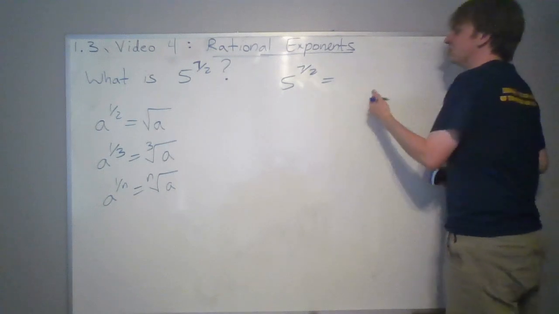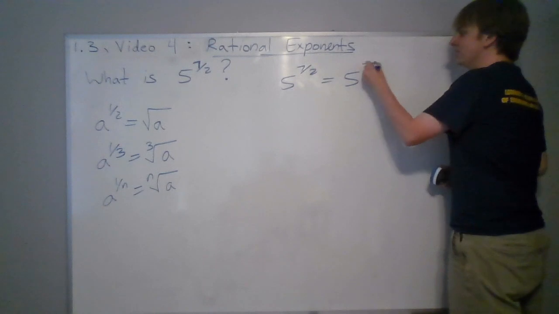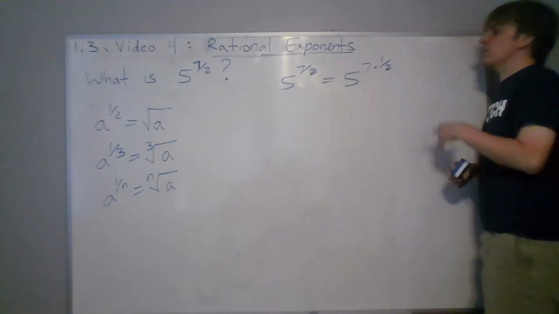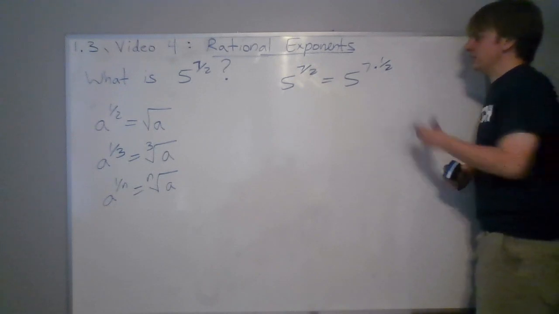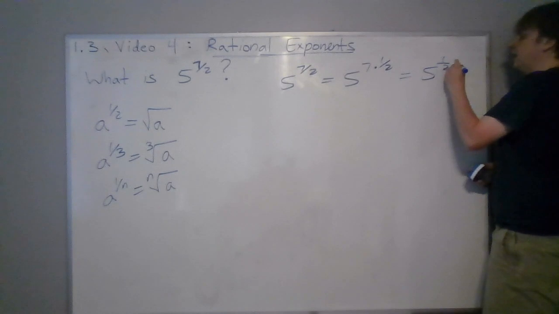Okay, let's try it out. So 7 over 2 is the same as 7 times 1/2. And so then there's a couple of different ways I can write this, because 7 times 1/2 is also the same as 1/2 times 7.